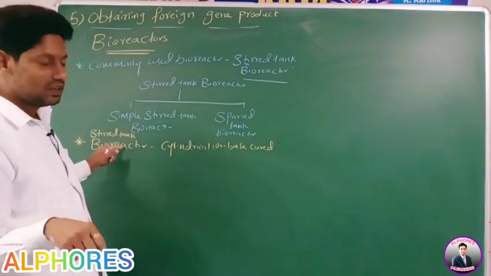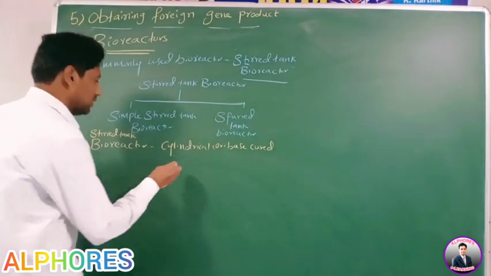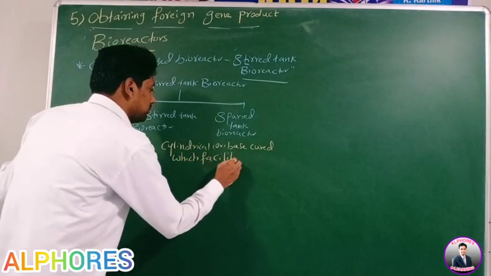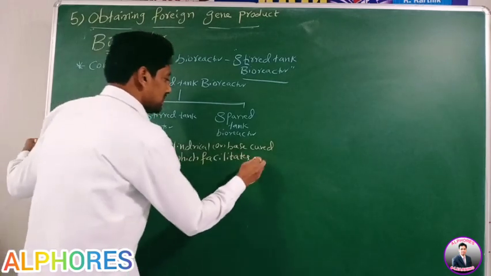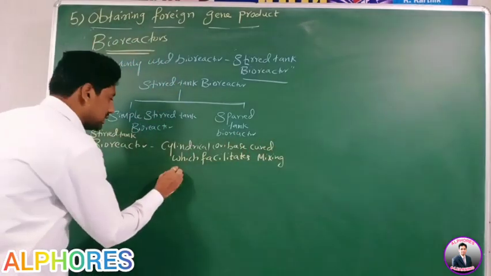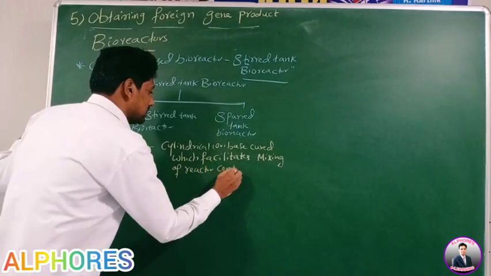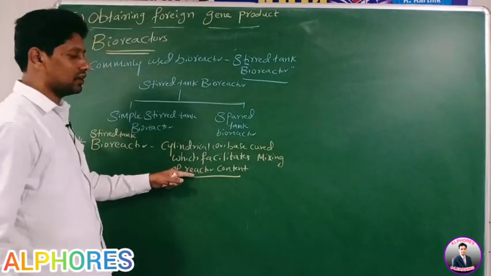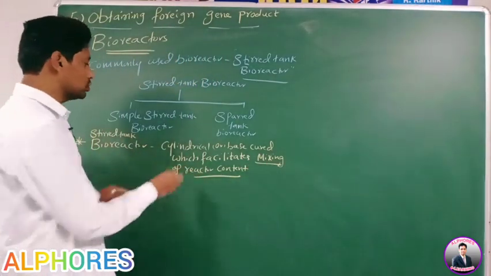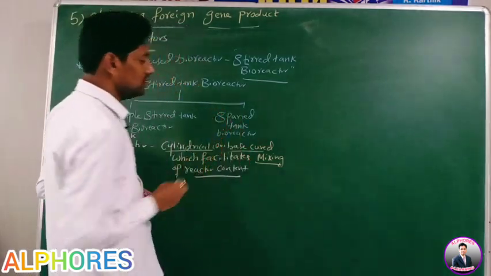For that mixing, the bioreactor is either cylindrical or base curved, which facilitates mixing of the reactor content. Is this statement okay?